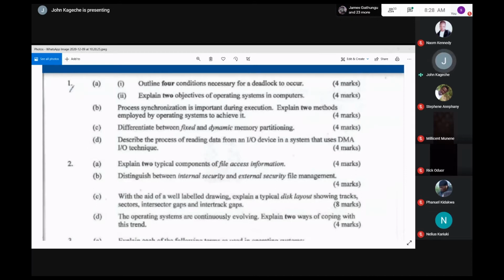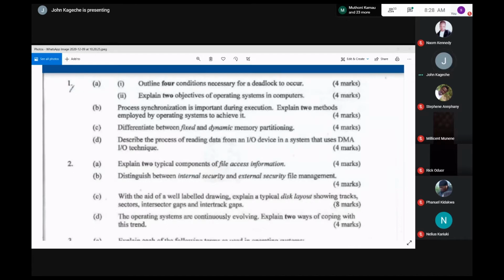So the first thing is when the processor wishes to read a block of data from an IO device, it must issue a command to the DMA to initiate that particular process, and it must indicate where the reading is going to take place and how many blocks of data will be transferred.